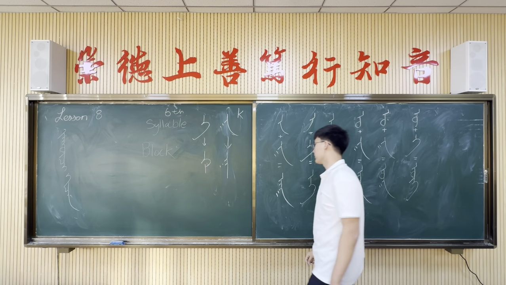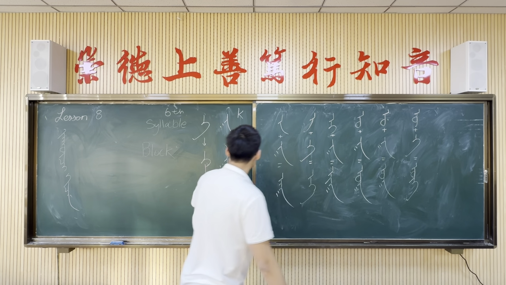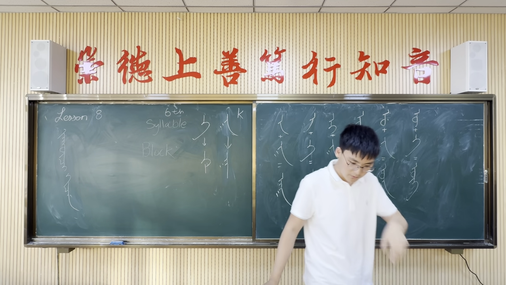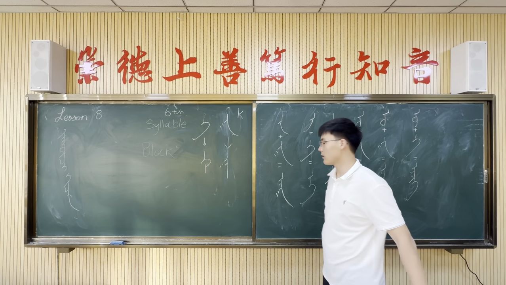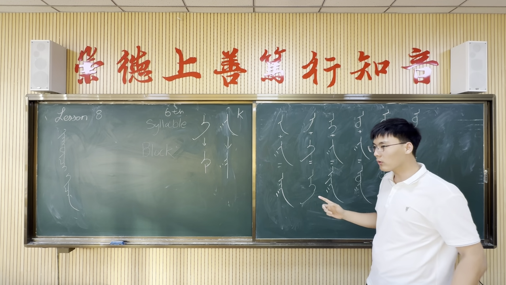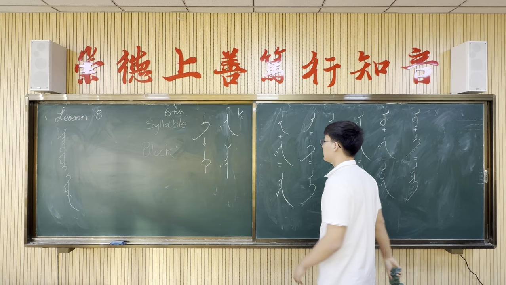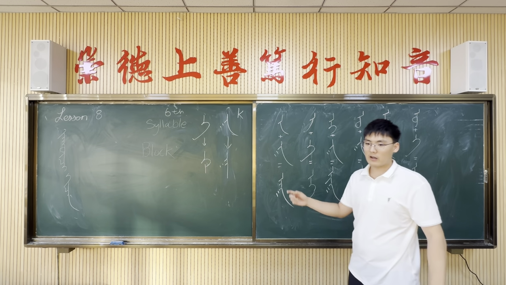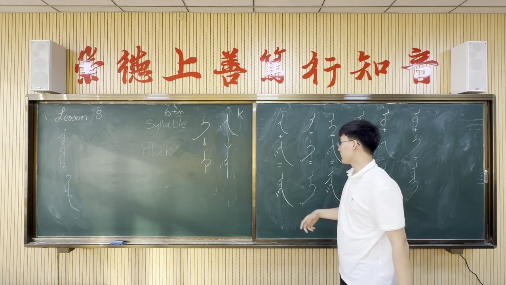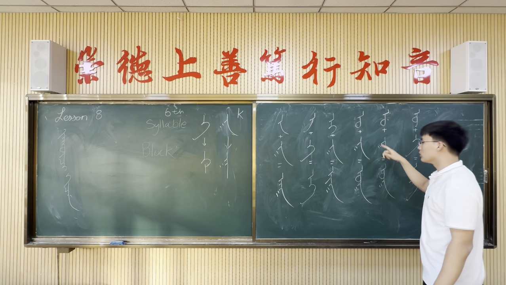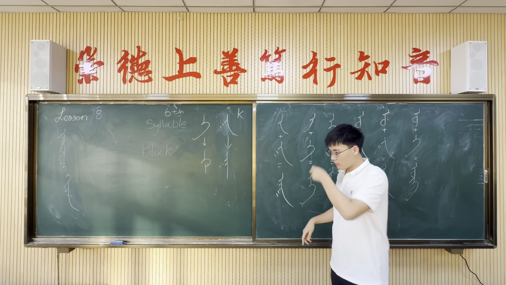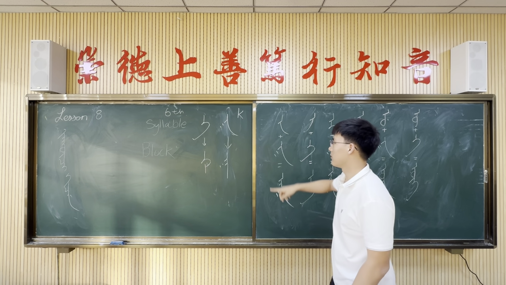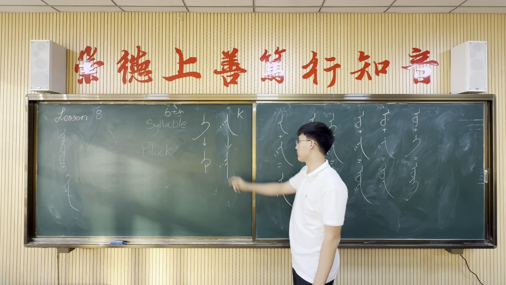Now, since I'm done writing all of it, I will tell you guys what the rule is and when to use this one and when to use this one. You want to use this one with 2 dots only when the previous letter is a, e, o, and u, right? You want to note this down in your notebooks. When the previous letter is a, e, o, and u, you resort to using the 2 dots way of writing it.